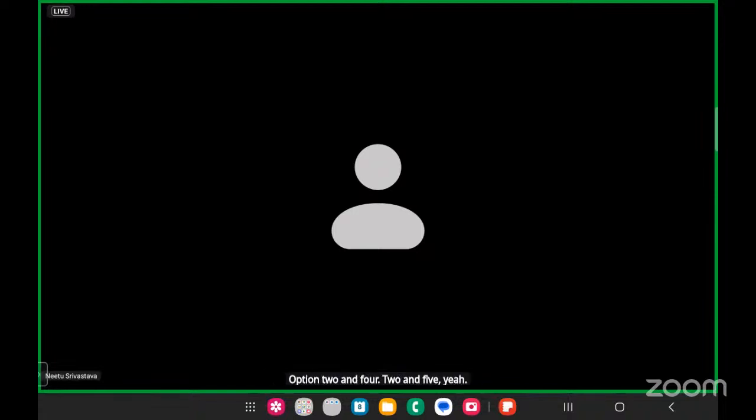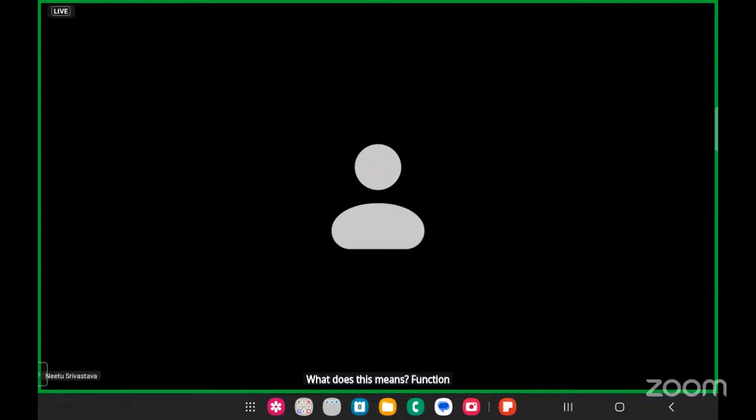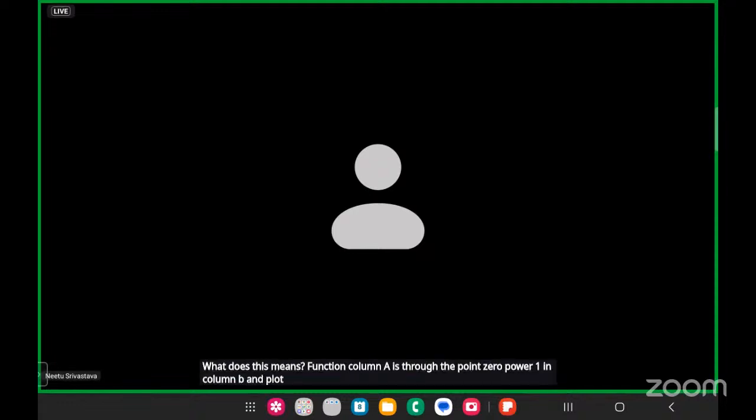So option 2 says 2, C and 4, right? Let me go to option 2. Option 2 is also an exponential function, and C says the line goes through (0,1). Consider the function and the line through the point. The function in column A, the line through the point (0,1) in column B, and the plot in column C. If you substitute 0, you will get e to the power 0 is 1, 1 plus 1 by 2, so this is correct. 2 to C is correct.